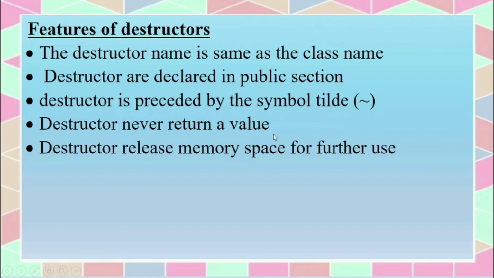Destructor never returns a value. Like the constructor, the destructor member function also won't return a value. Then the destructor releases memory space for further use. That is, when you are deleting an object from the program, it will release the memory for further use. Okay, so these are the features of destructors. So it's also a very important question for 5 marks. By this we are finishing the chapter.